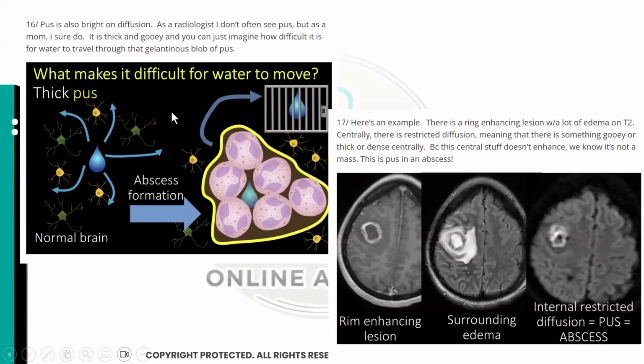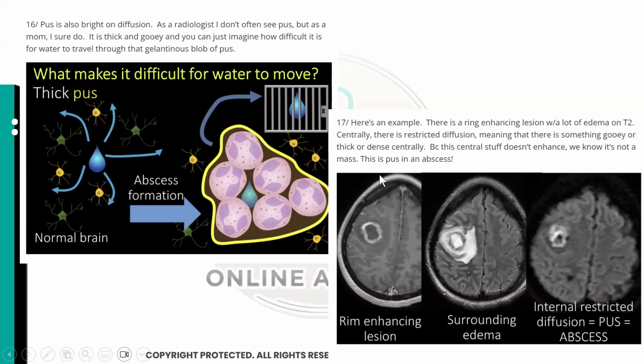Whenever there is thick pus, it is thick and gooey, and you can just imagine how difficult it is going to be for water to travel through that gelatinous area of pus. So this is your abscess, and water cannot move here freely. So there is going to be diffusion restriction, but it is going to be inside the abscess.